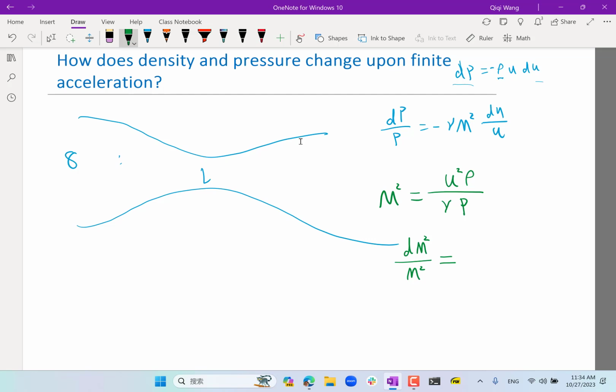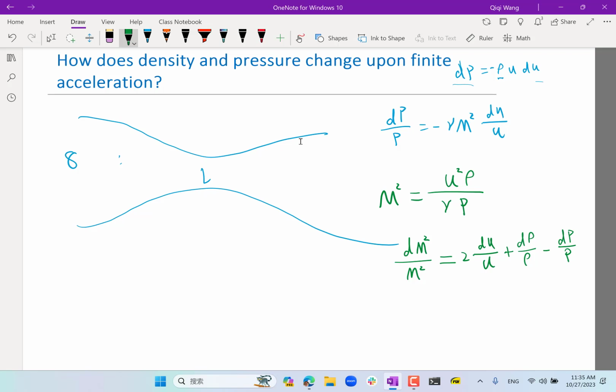On the right-hand side, anything with the second power is multiplied by 2 times du over u, anything with the first power is just d rho over rho, anything with a minus 1 power in the denominator becomes negative dP over P, and anything constant just goes away. You can derive this by taking the logarithm and doing exactly what I did on the last slide. Any questions on this?